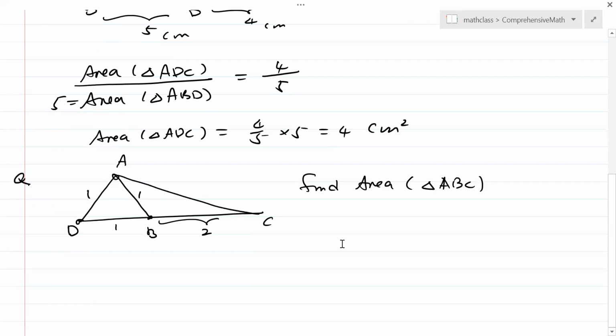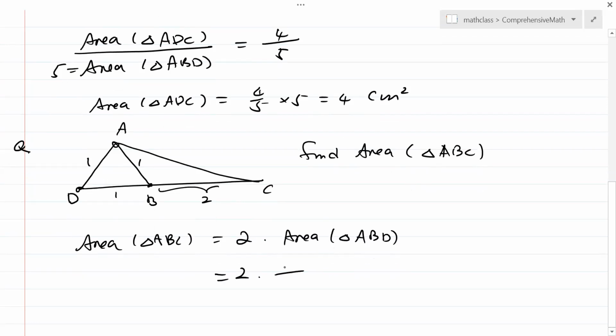The area of ABC is double that of the equilateral triangle, twice the area of ABD. And I know the area of the equilateral triangle, so that's going to be square root of 3 over 4 times 1.